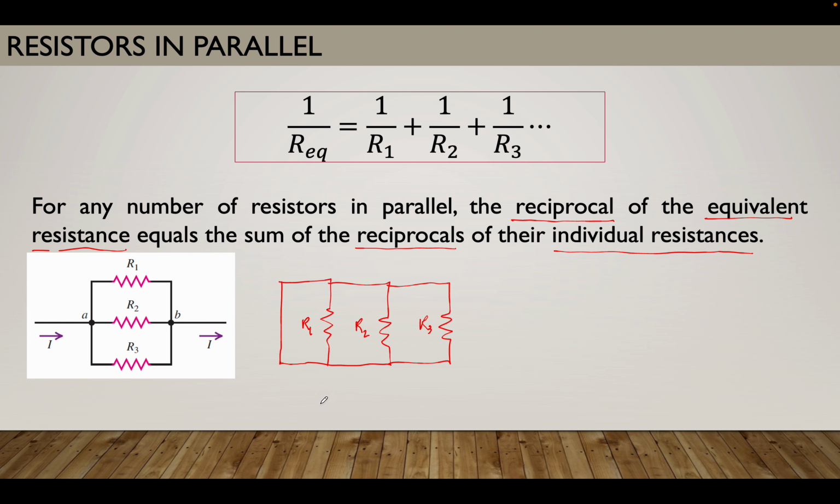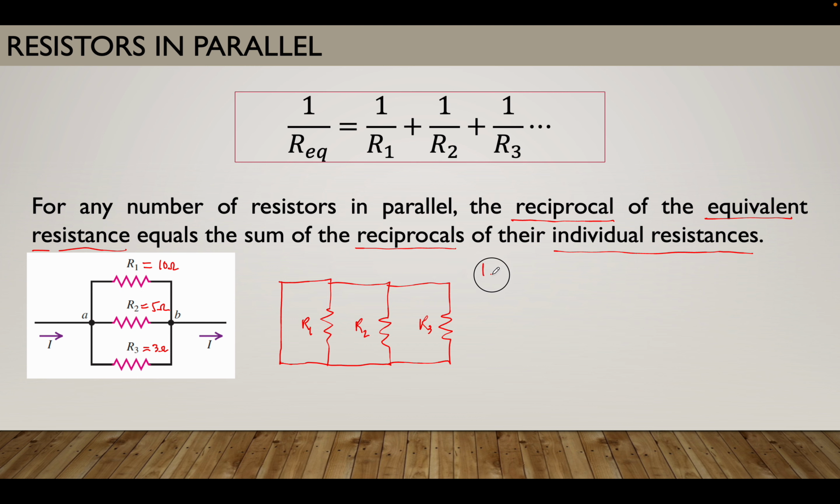Okay, so now how do we get the equivalent resistance? Kay kaning naa sa equation is the reciprocal of the equivalent resistance. Let's say again the same values: R1 is 10 ohms, R2 is 5 ohms, and R3 is equal to 3 ohms. So let's try to calculate the equivalent resistance.